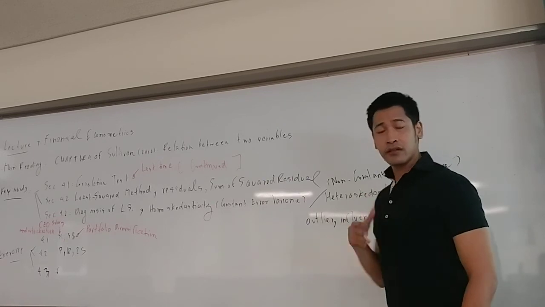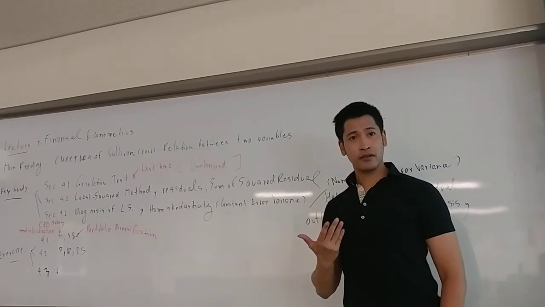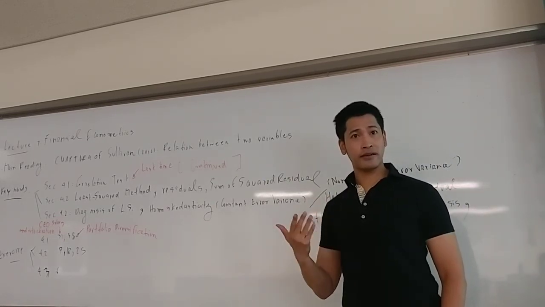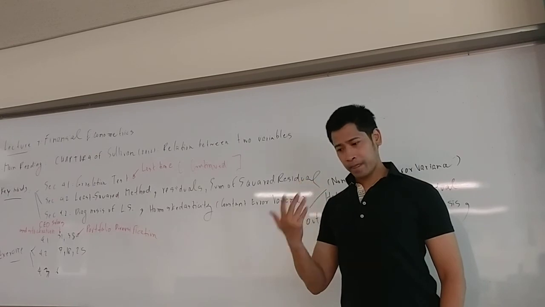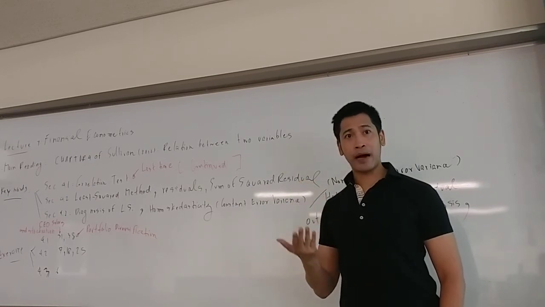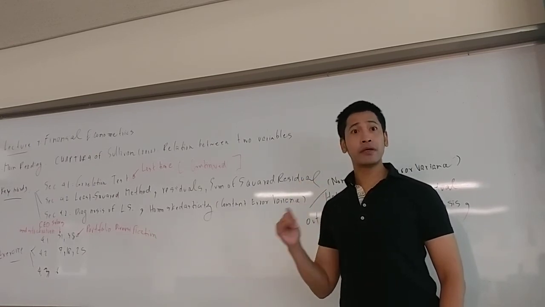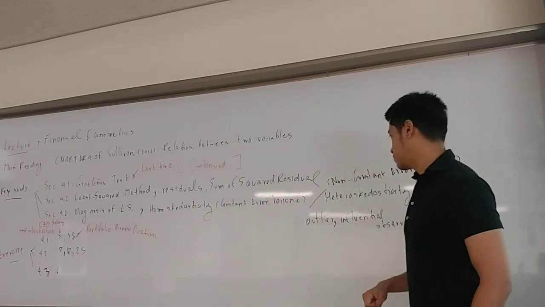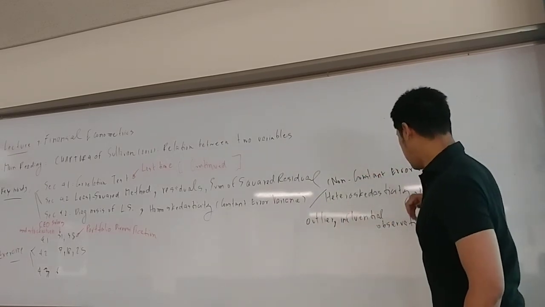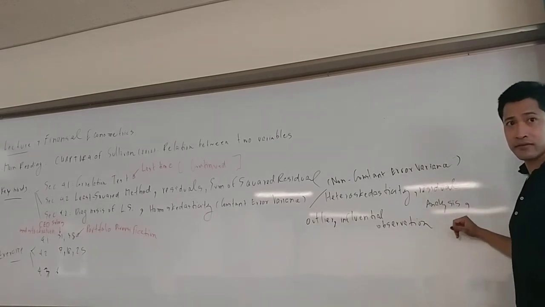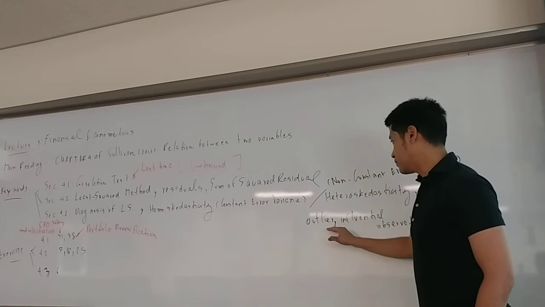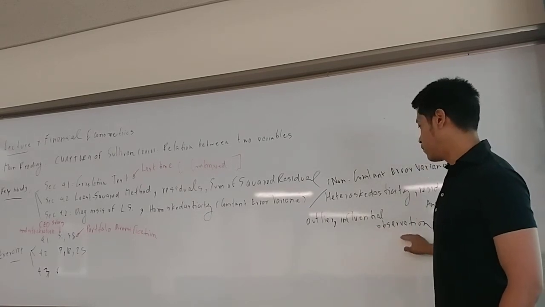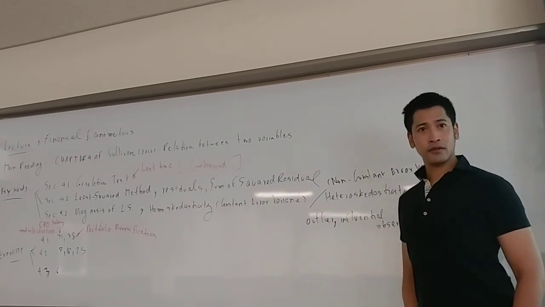If you have heteroskedasticity in your least square analysis, it implies that your predicting power might be reduced. Next keywords: residual analysis, outlier, influential observation. Good?